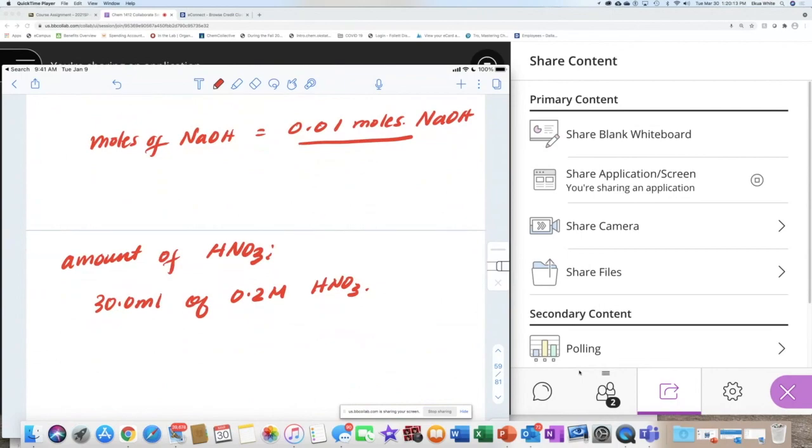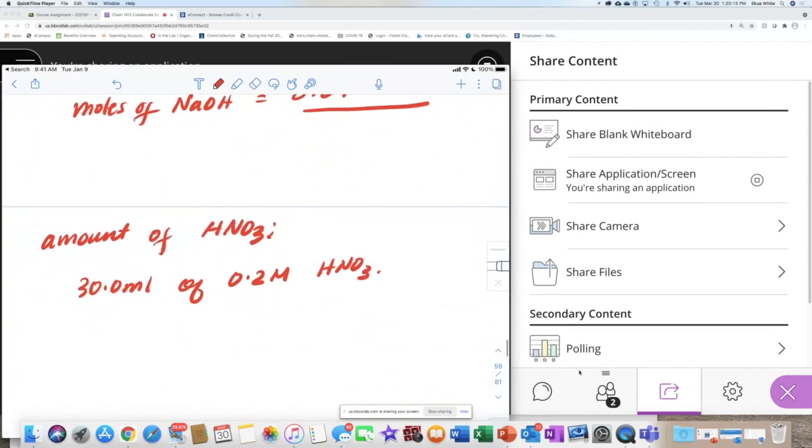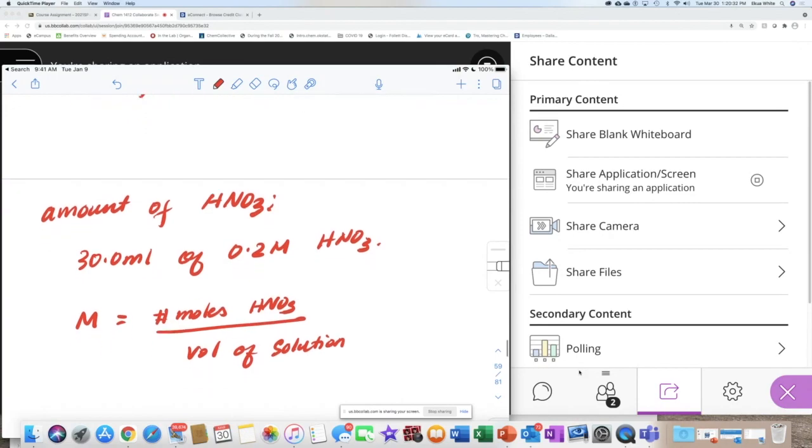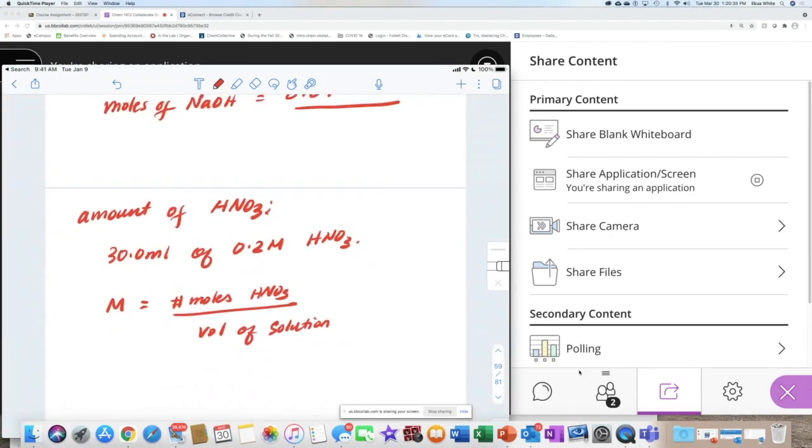For nitric acid, just like before, molarity equals number of moles of nitric acid over volume of solution, which is of course nitric acid. I'm trying to figure all this out before we even mix it up. Number of moles of nitric acid: molarity 0.20 molar times, oh, I have to convert this to liters.